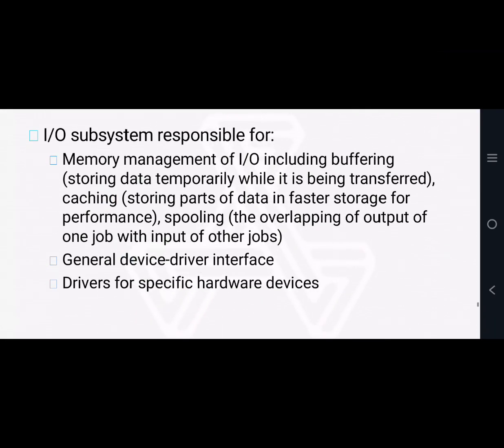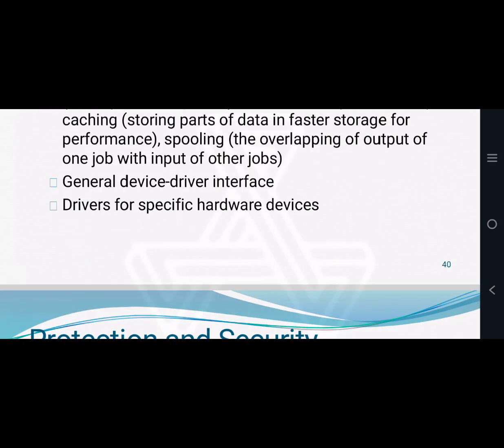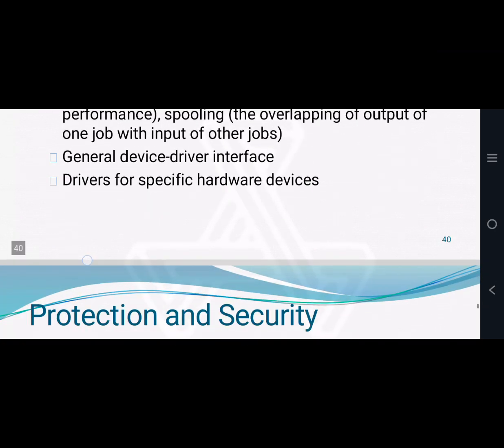The I/O subsystem is responsible for memory management of I/O, including buffering, storing data temporarily while it is being transferred; caching, storing parts of data in faster storage for performance; and spooling, the overlapping of output of one job with input of other jobs. It provides a general device driver interface, with drivers for specific hardware devices.